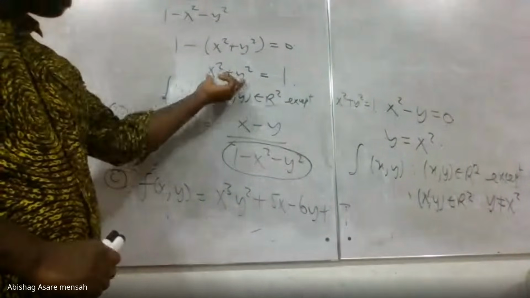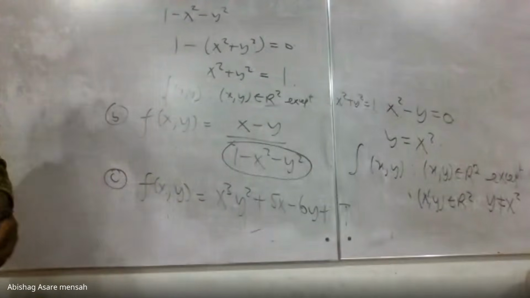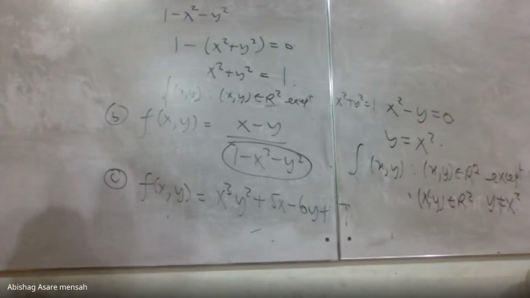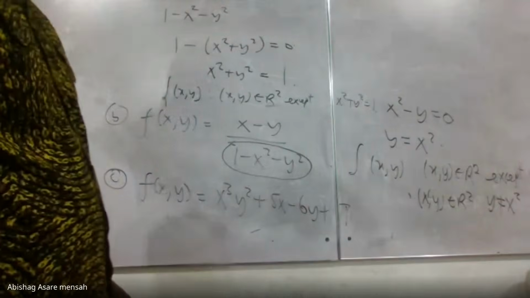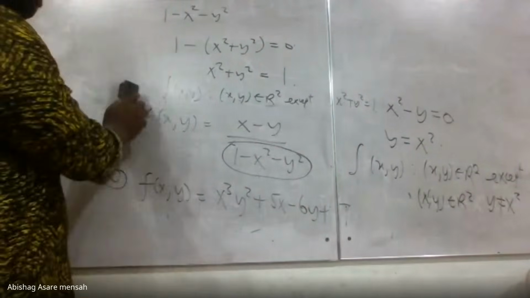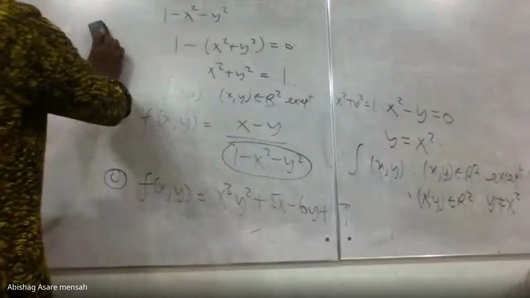So apart from x squared plus y squared equal to 1, the function will continue. Okay. So let's answer these questions too. Then we come to the last part of the course.